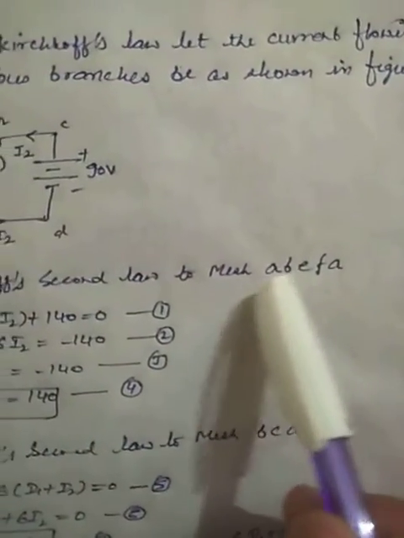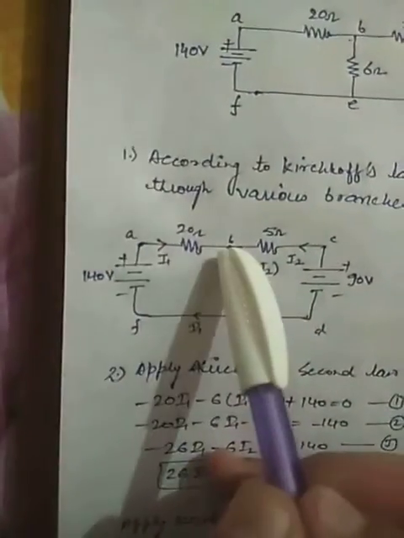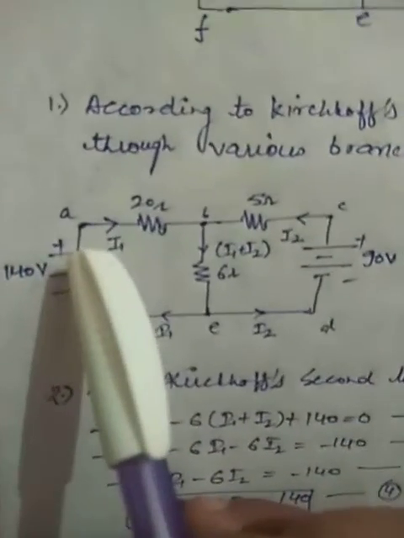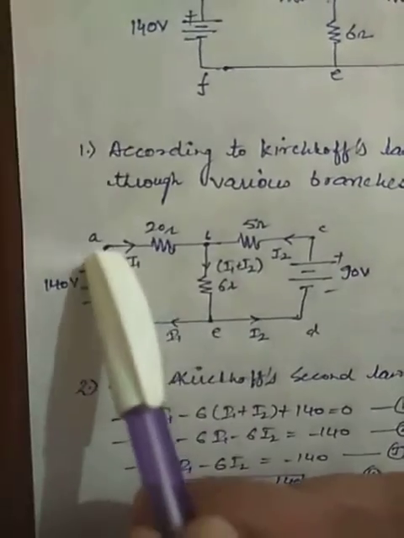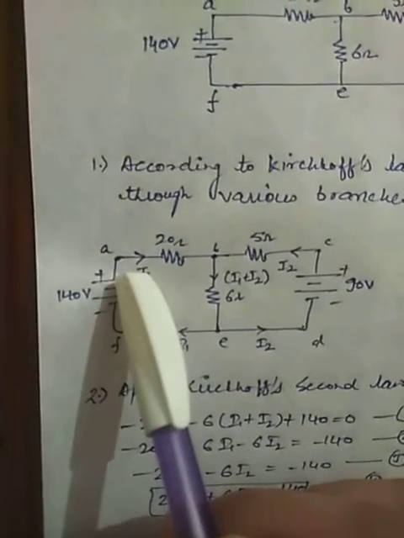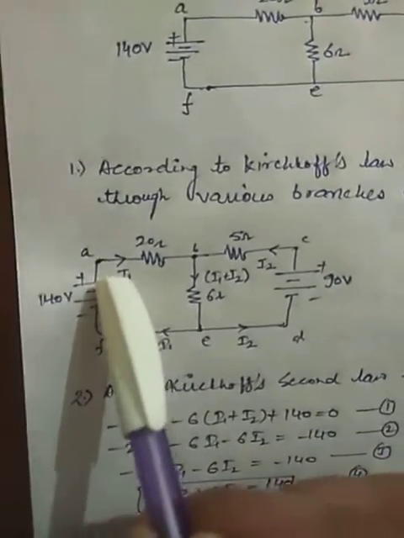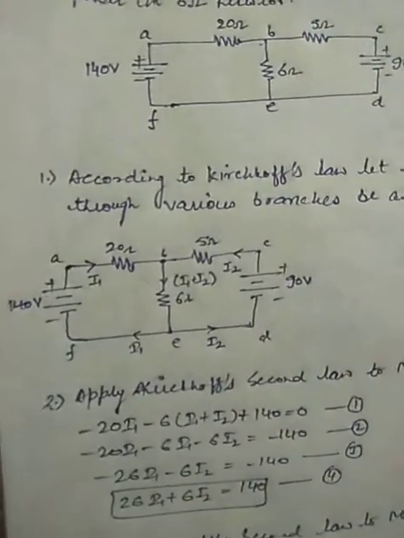So here we will consider from point A to B. If we are tracing from A to B, then the direction of current is also in the same direction, A to B.